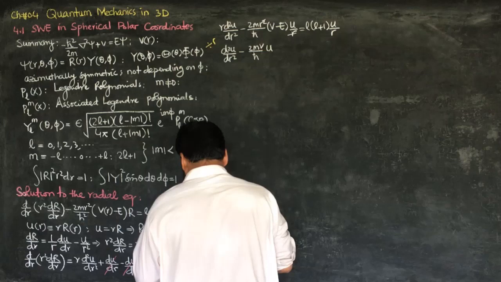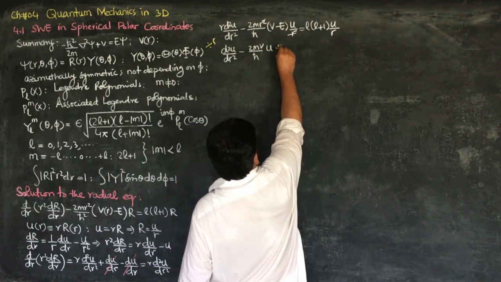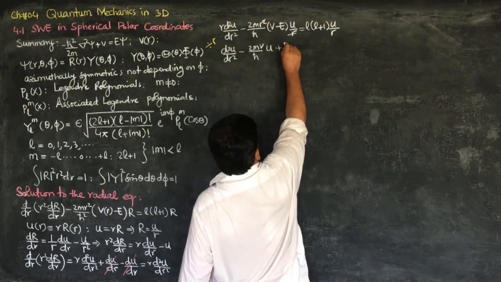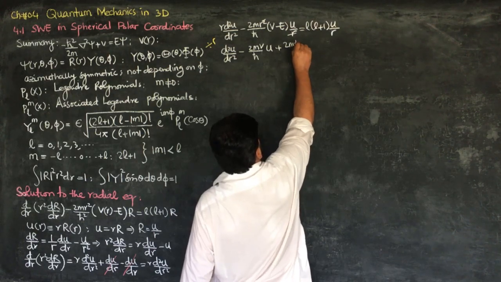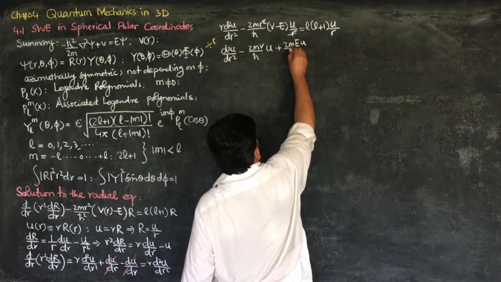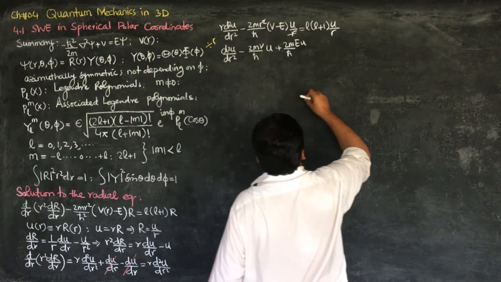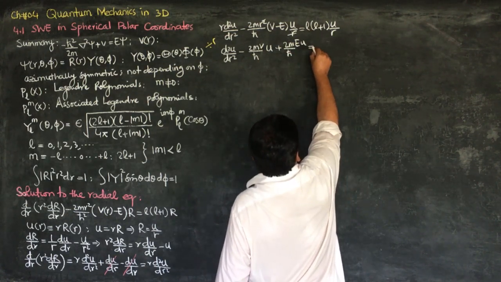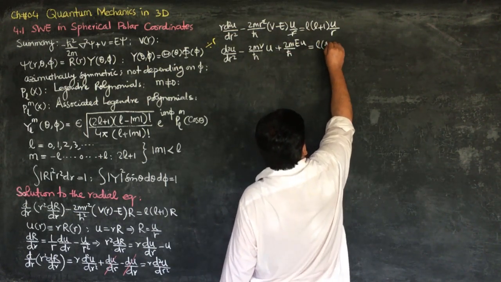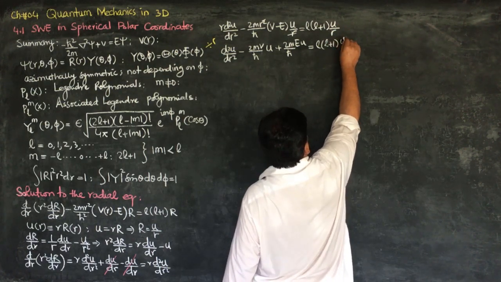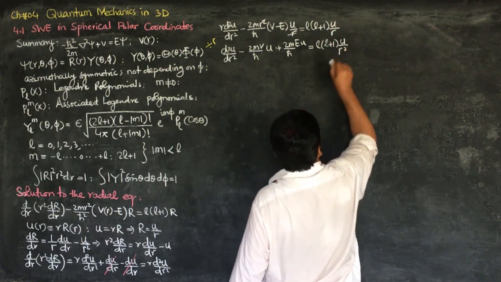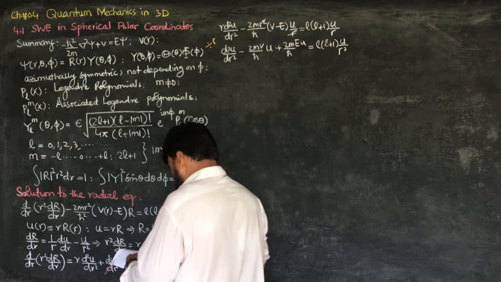Then the next term is plus minus minus plus, so 2m e u over h bar, and this is equal to L into L plus 1 u over r squared.